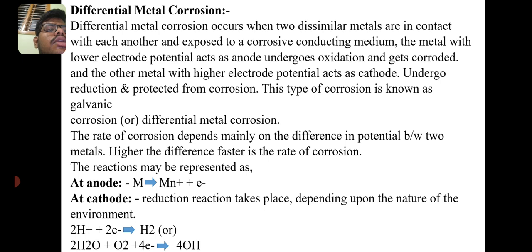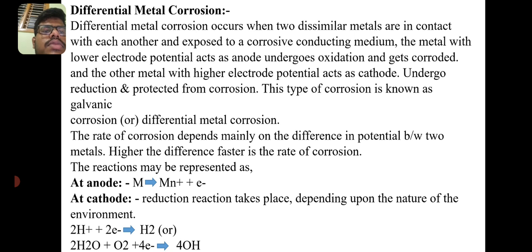The metal with lower electrode potential acts as anode, undergoes oxidation and gets corroded, and the other metal with higher electrode potential acts as a cathode, undergoes reduction and is protected from corrosion. This type of corrosion is known as galvanic corrosion or differential metal corrosion.